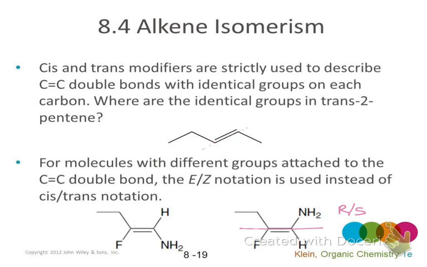We look for the highest priority groups based on the same R/S nomenclature that we did before. So which is higher, hydrogen or nitrogen? So this is 1, and this is 2. Now on the other side of the double bond, which is higher priority? Fluorine, so it's here and here.